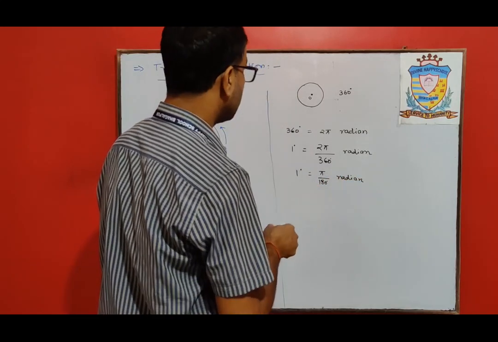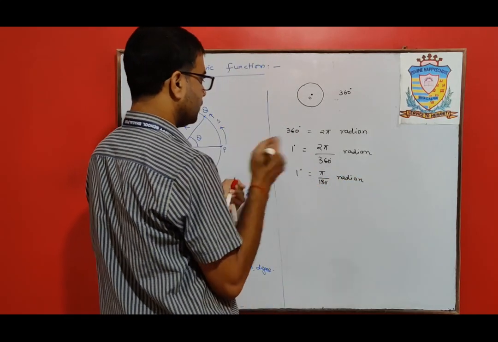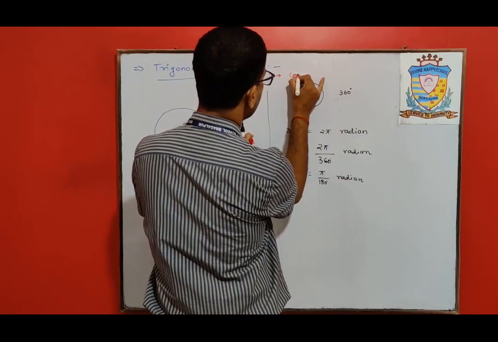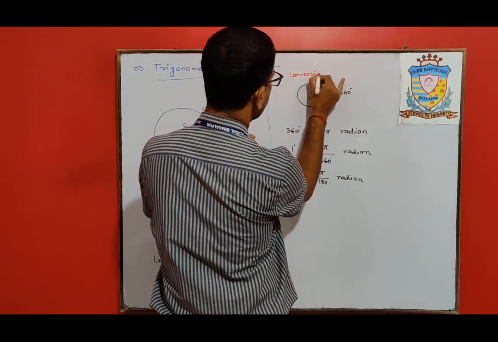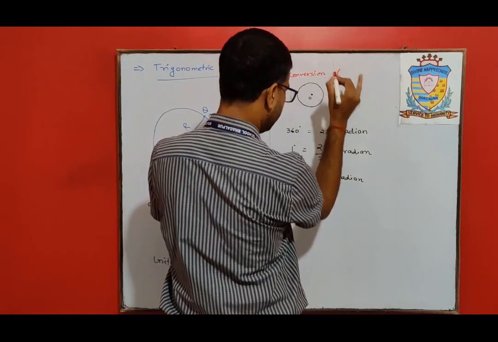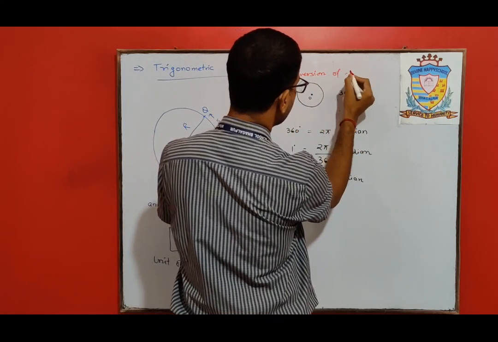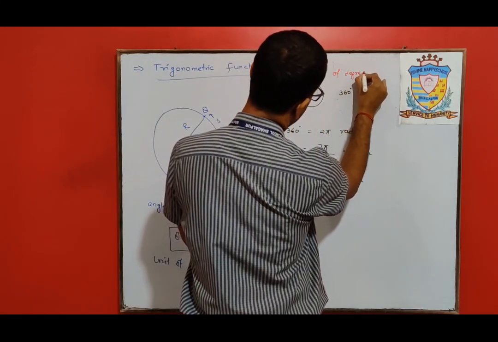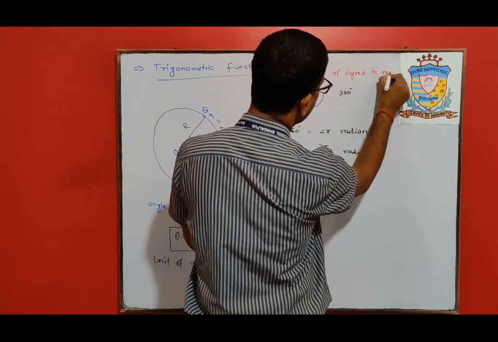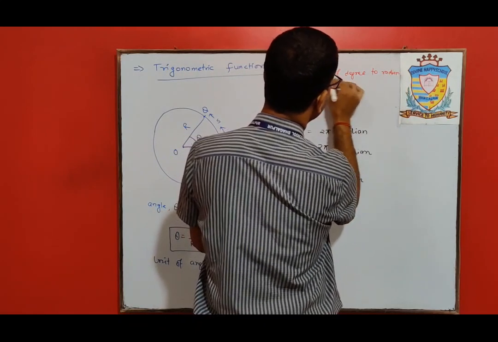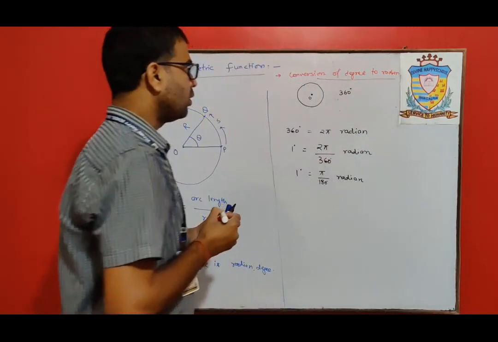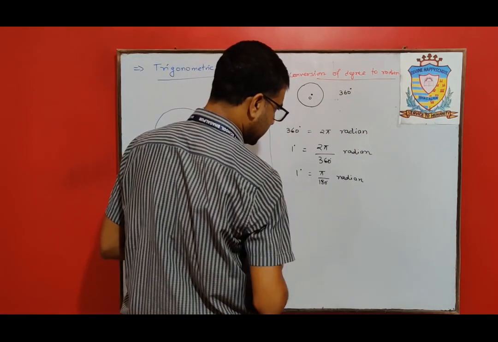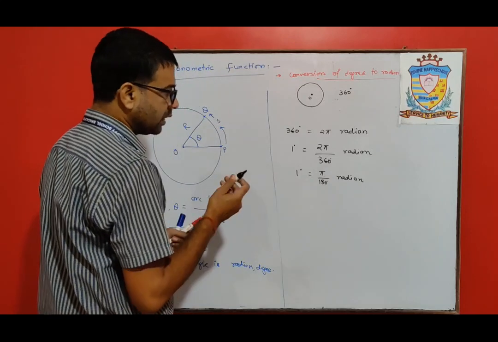This comes in the conversion of degree to radian, the conversion of any angle from degree to radian. So 1 degree can be written as pi upon 180 radian.